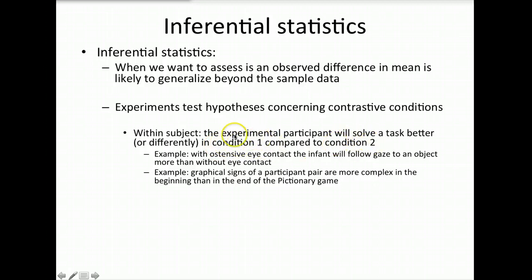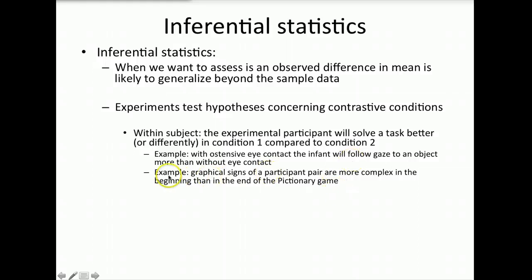So we might have a test condition and a control condition, or as we saw in the eye tracking study, we have an eye contact condition and a non-eye contact condition, but the task is comparable on all our other parameters.